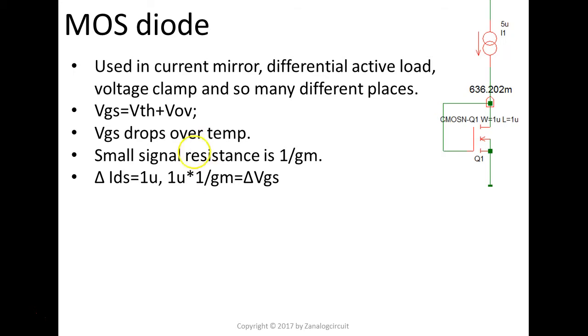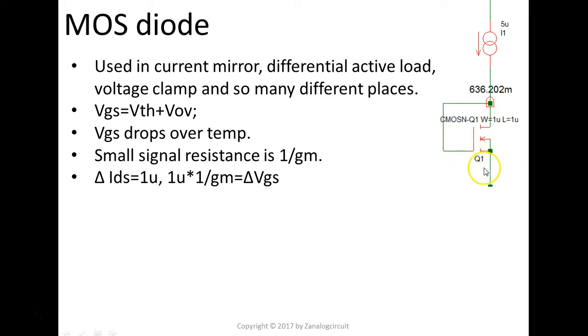So for a MOS diode, VGS, of course, is VTH plus V overdrive, right? Also, you're usually going to see this VGS drop across the temperature. When the temperature increases, the VGS decreases. And also, one thing to remember is the small signal resistance of this MOS diode is 1 over GM.